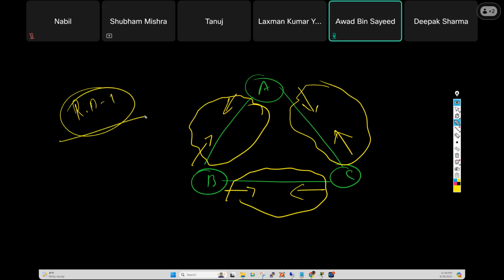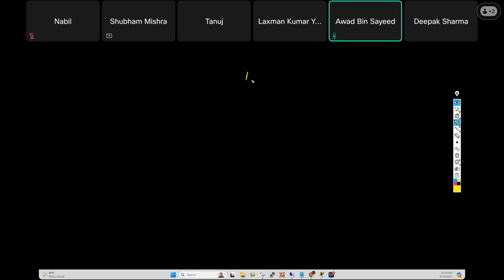So then how can the others know? Just in case 4 switches are in a loop, how can the opposite switch know who became the root bridge?